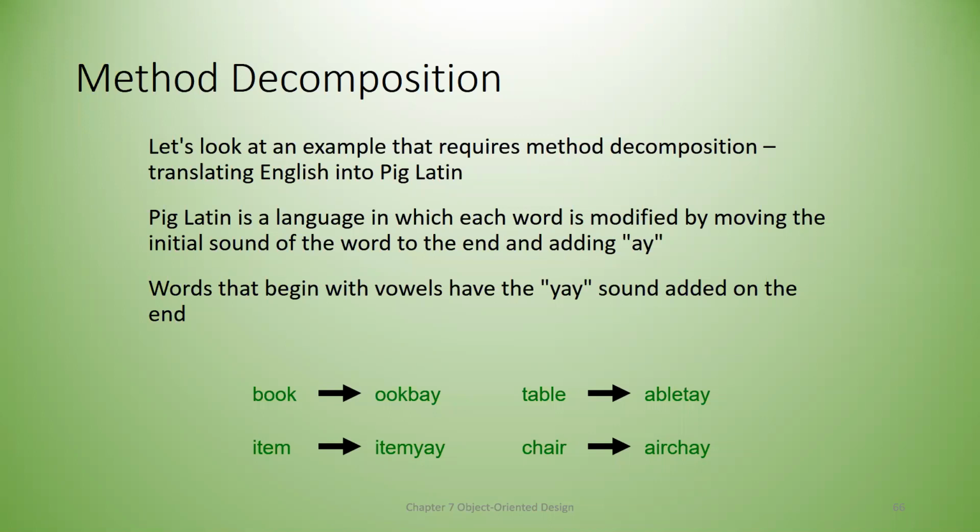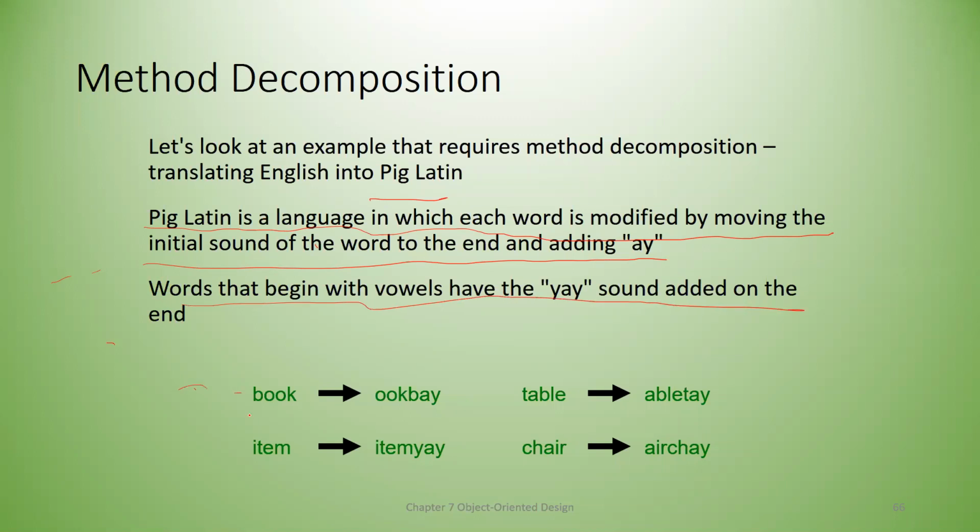Let's look at an example that requires method decomposition: translating English into Pig Latin. Pig Latin is a language in which each word is modified by moving the initial sound of the word to the end and adding a. Words that begin with vowels have a yay sound added to the end.